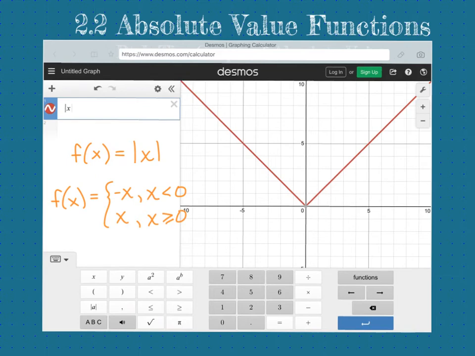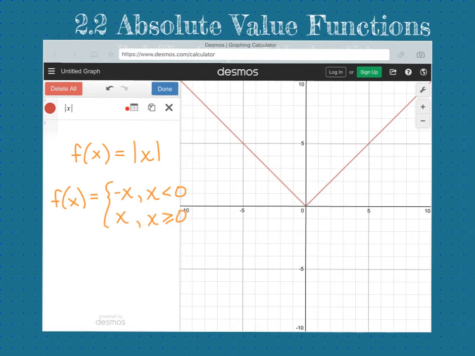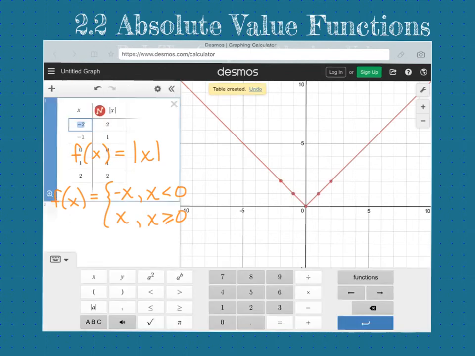And then another really cool thing that you can do on Desmos is if you hit this settings button right here, and then you hit this table here, you can actually input x values in and see what their output is.